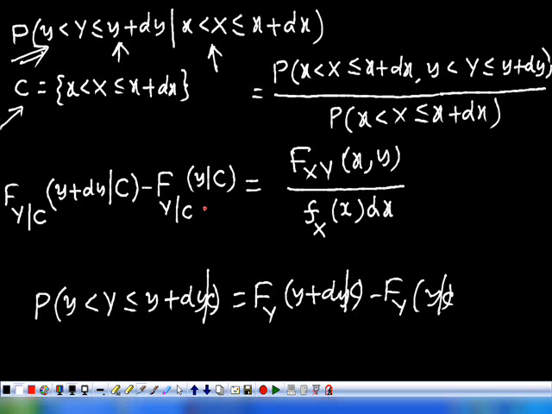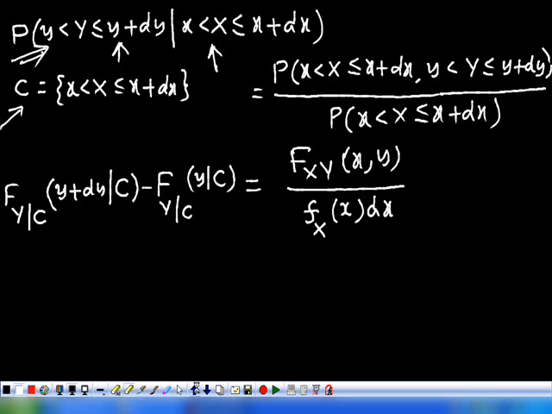Understood this? See, this step is very simple. We use the fundamental relationship between the probability of this event and the distribution function. So this is the marginal distribution. This is a conditional distribution. That is the difference.